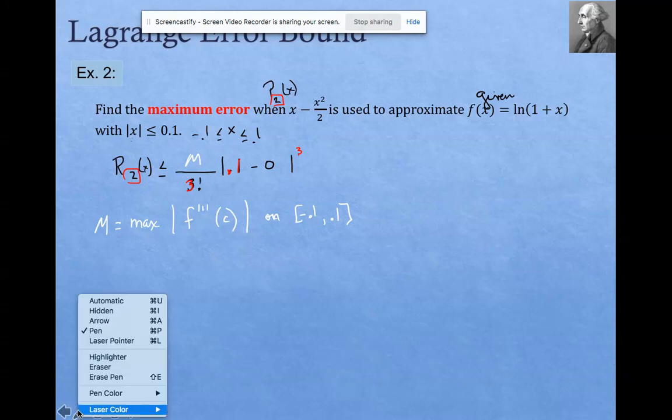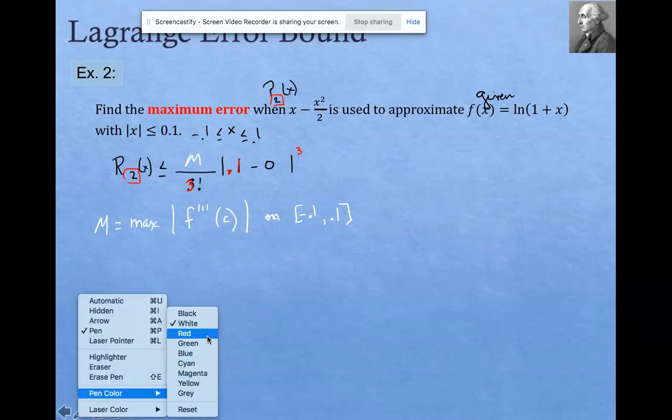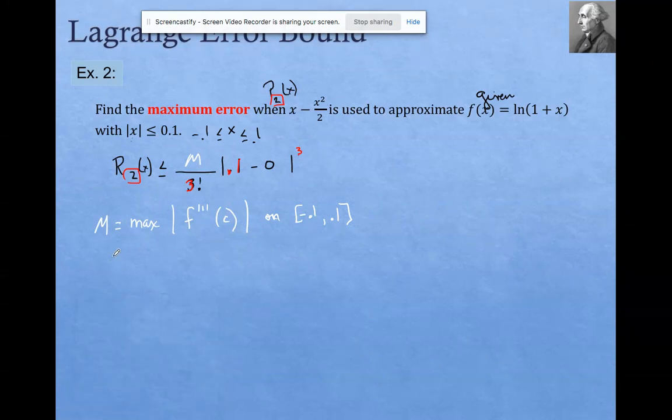So that means I have to find the first derivative. One over 1 plus x times the derivative of the inside, which thank goodness is just 1.